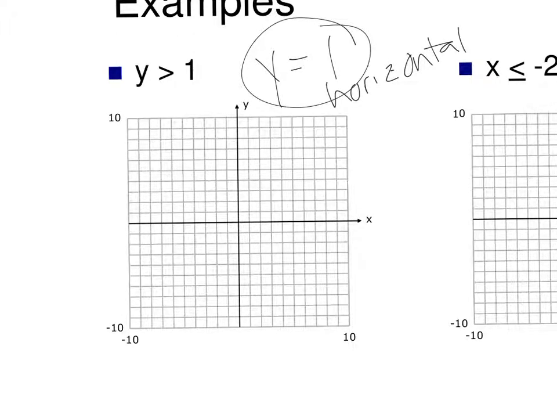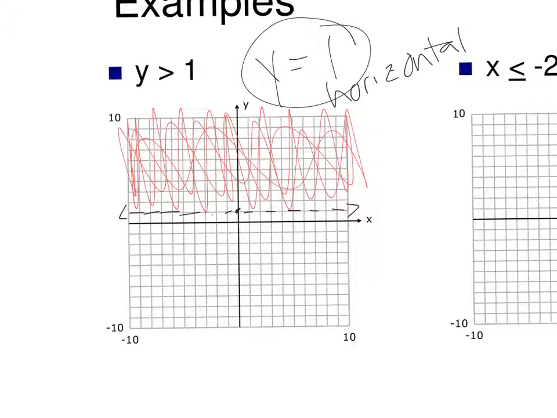It needs to be dotted because it's not equal to. Everything greater than 1 is going to be everything above this line, because 2 is greater than 1, right? So you graph it like that.